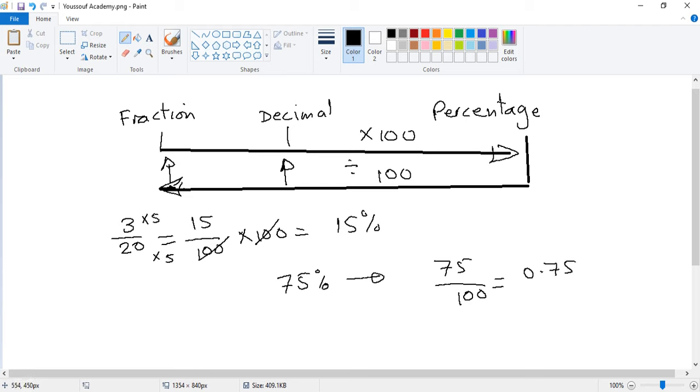For example, 2%. He said convert it to decimal. 2% to decimal, that means 2 divided by 100 equals, after simplifying, 1 over 50. And this one is a decimal.